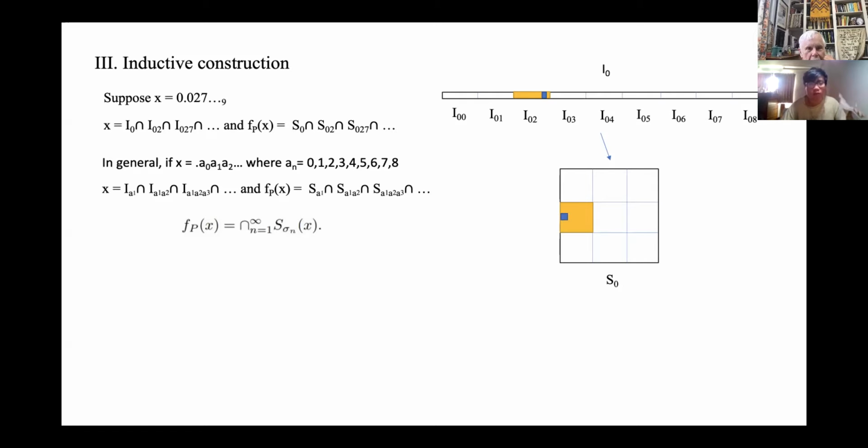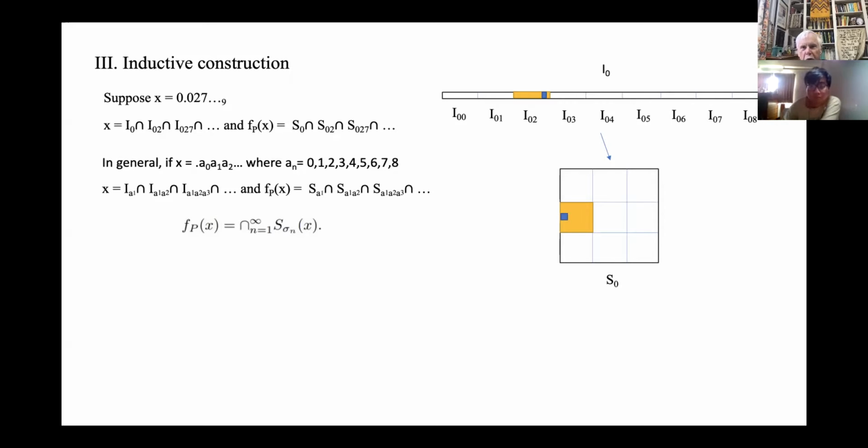Let's see here. Now, on the right-hand side of this picture, you have I0, and then you have I0. It's a little confusing here because you don't picture I0 or S0.